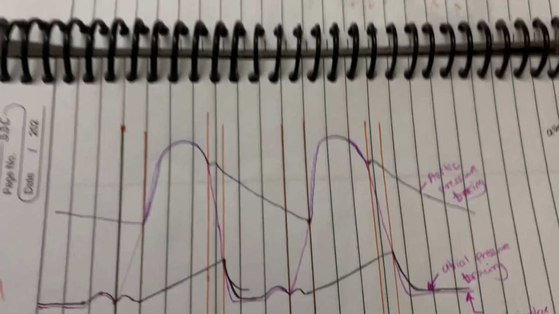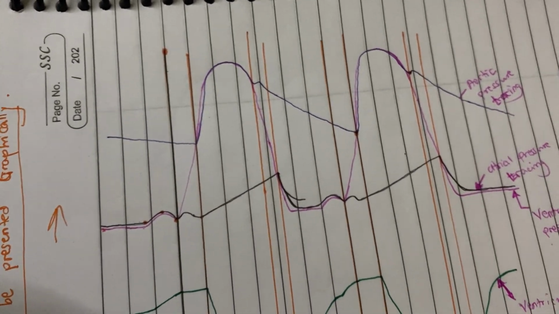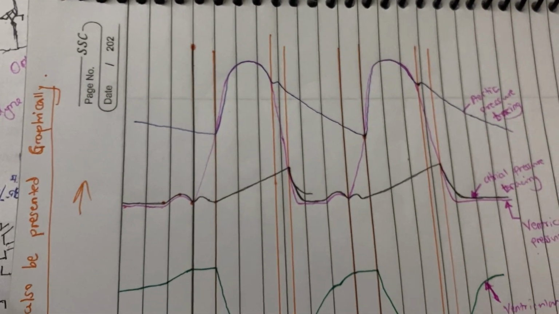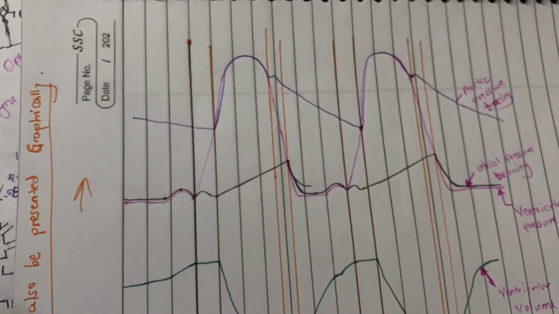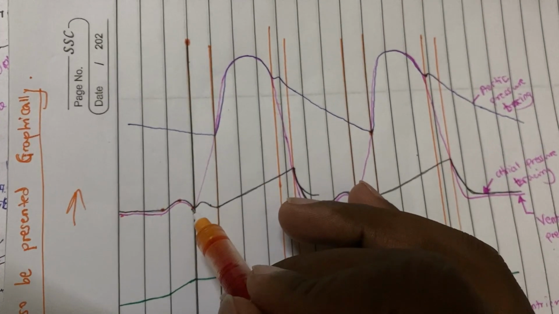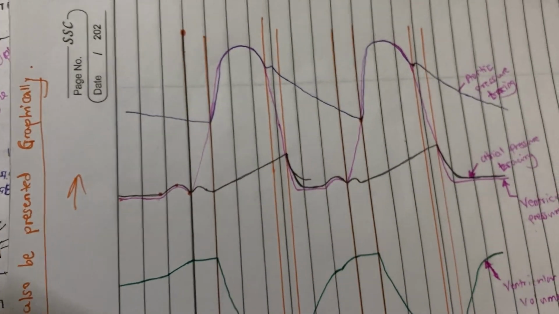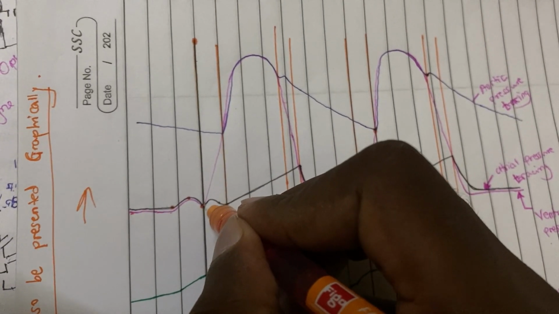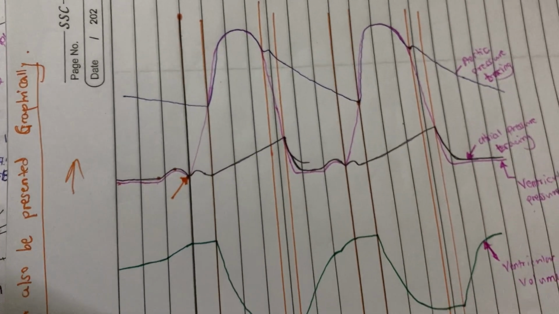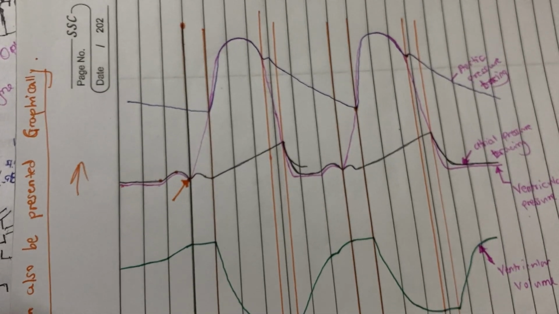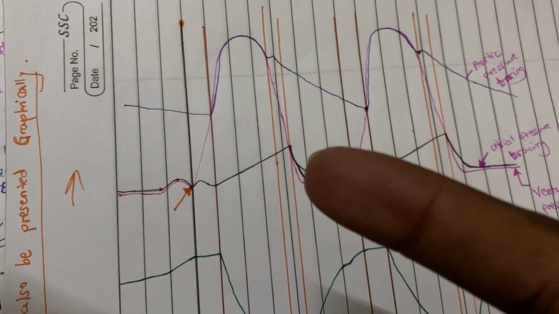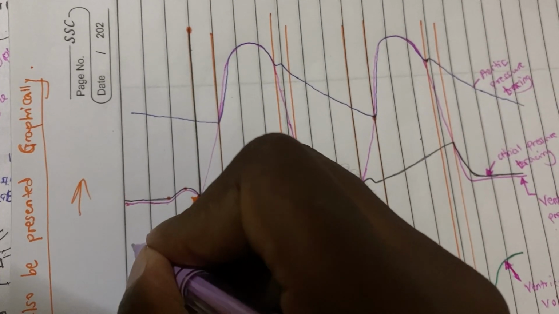The pressure in atria and ventricle will equalize, but very fast the ventricles will enter their next phase, which is isovolumic contraction. So what happens here? In isovolumic contraction, no net blood flow. So we can label this point here as closure of the atrioventricular valves.